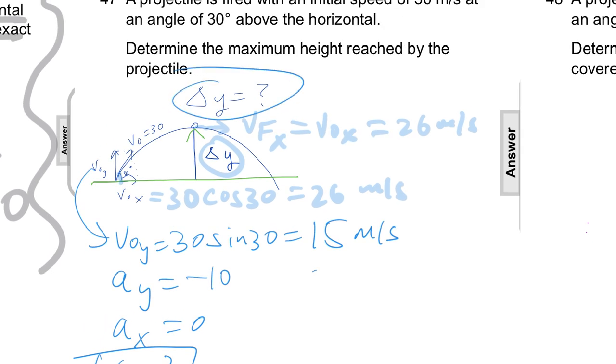So delta y equals VOT plus AT squared over 2, and put y's in for everything.